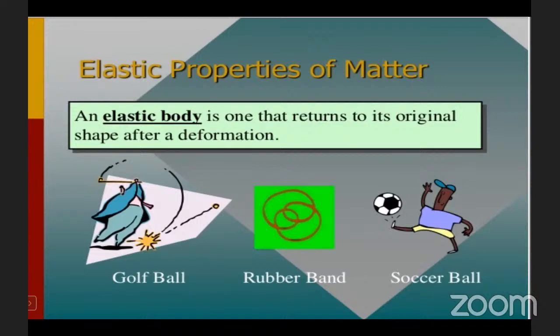Deformation means applying force on a rubber band or stretchable string, and that force deforms the body. So it is called an elastic body.